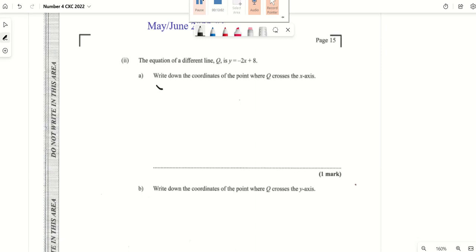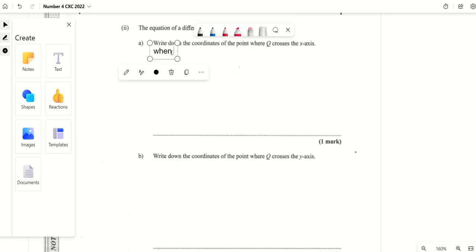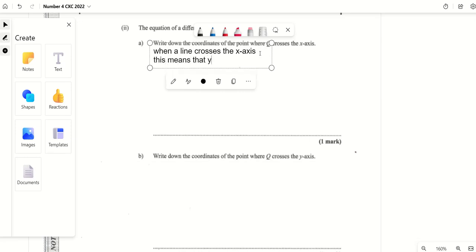Now, let me type this down. When a line crosses the x-axis, this means that y is equal to 0 at the point that it crosses the x-axis, right?